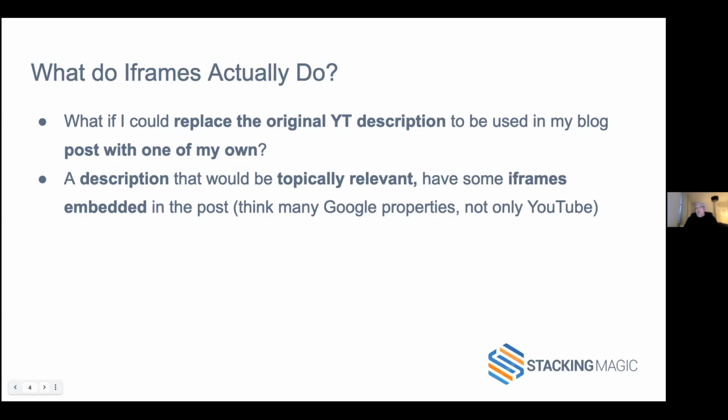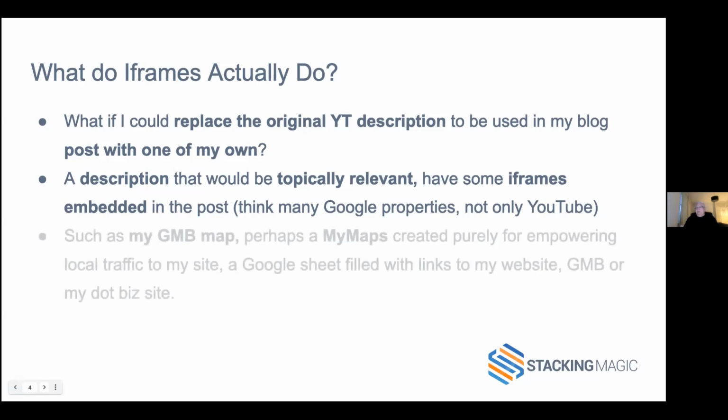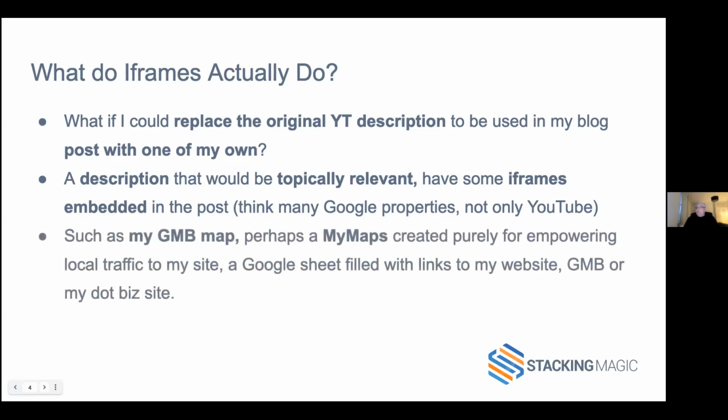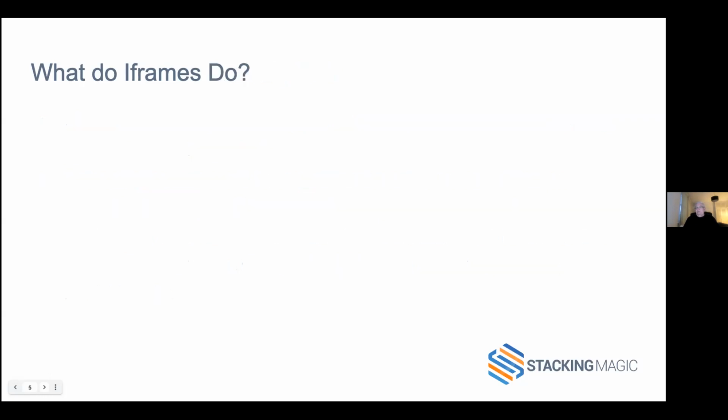Now you must think about many Google properties, not only YouTube. Things such as my GMB map, perhaps my maps, which is created purely for powering traffic to my site. A Google Sheet filled with links, my GMB or my .business site, extremely powerful.